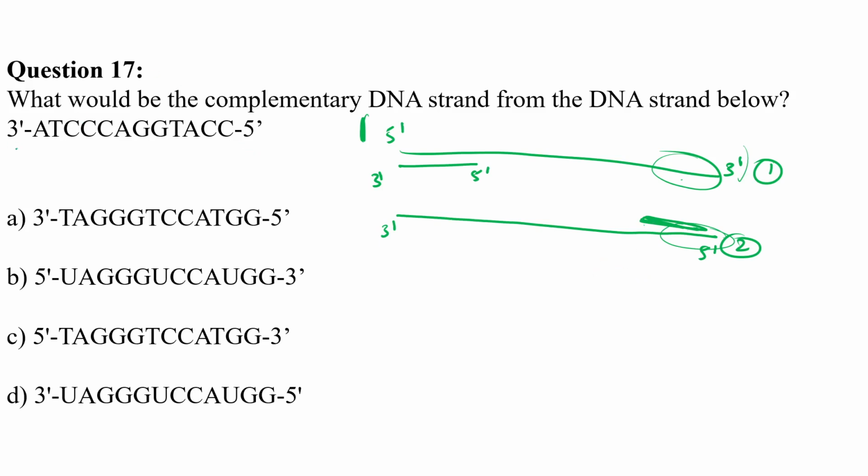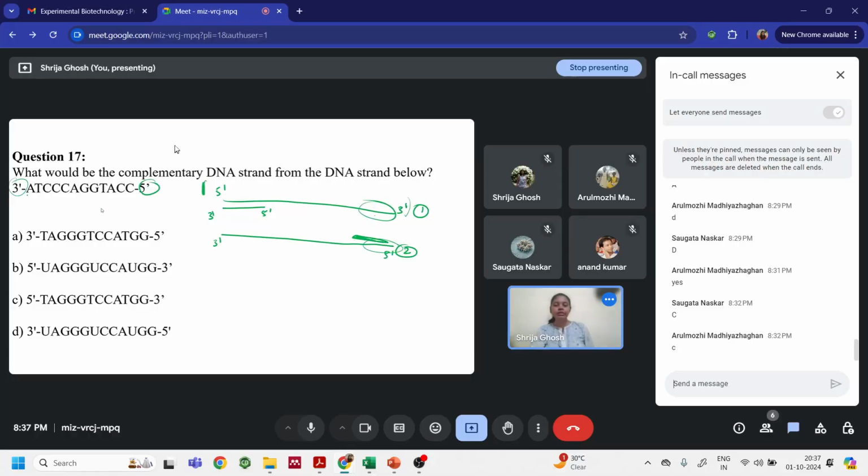That's why you should know how to write the complementary DNA sequence and you should pay attention to the direction of the DNA sequence. Okay, so that is why these questions are important. I hope this is clear to everyone.